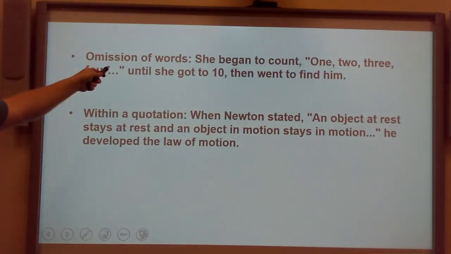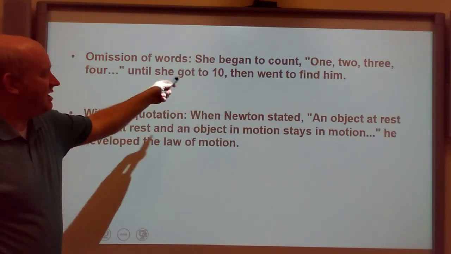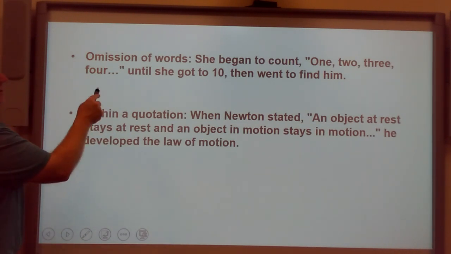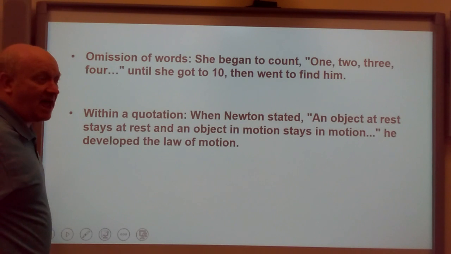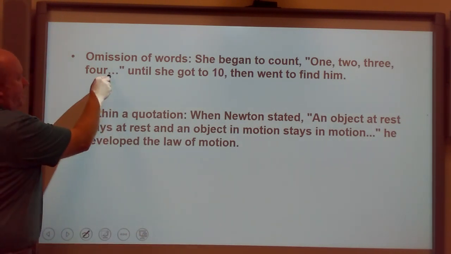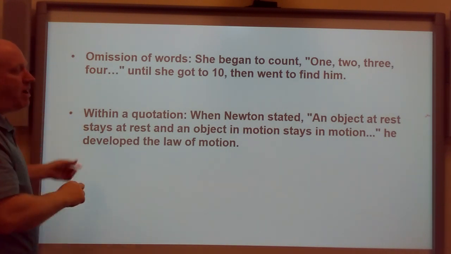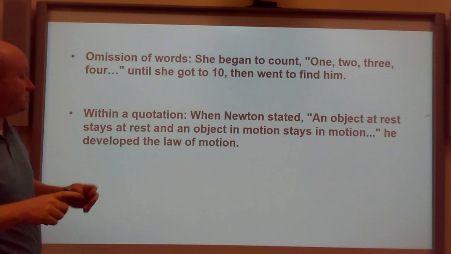For example, she began to count 1, 2, 3, 4... until she got to 10 and then went to find him. So instead of saying 5, 6, 7, 8, 9, 10, then went to find him, by doing these three dots here, everybody knows what comes after 4, 5. Everyone should know what comes after 5, 6, and so on.